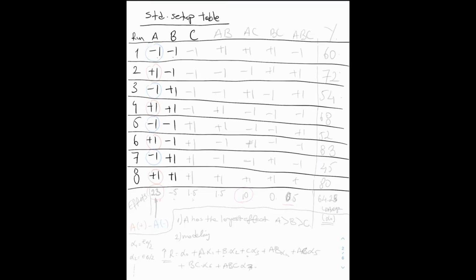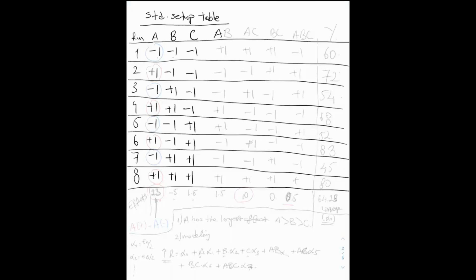For my C, I will have -1, -1, -1, -1, and then +1, +1, +1, +1. Okay, I realized that in this picture I was calling K as C plus and L as C minus. I apologize, the order is now switched. But that's it.